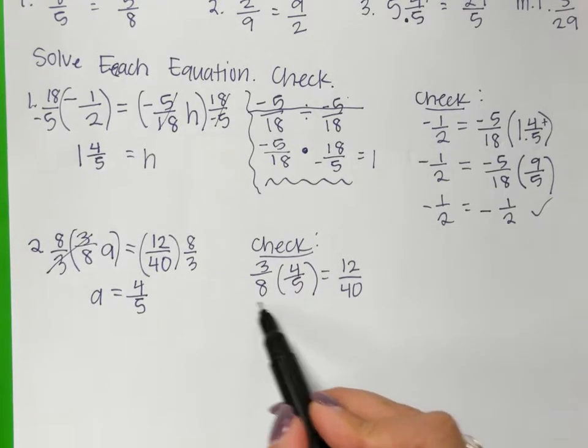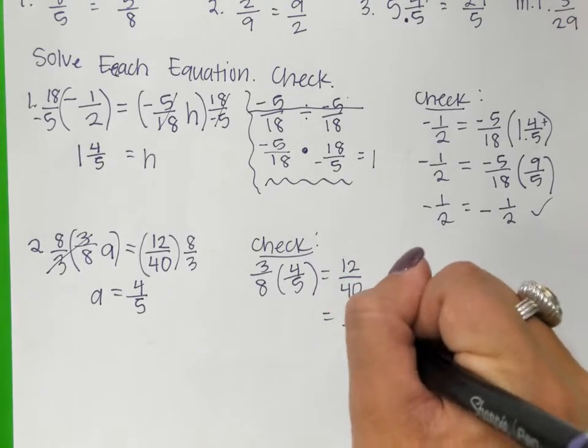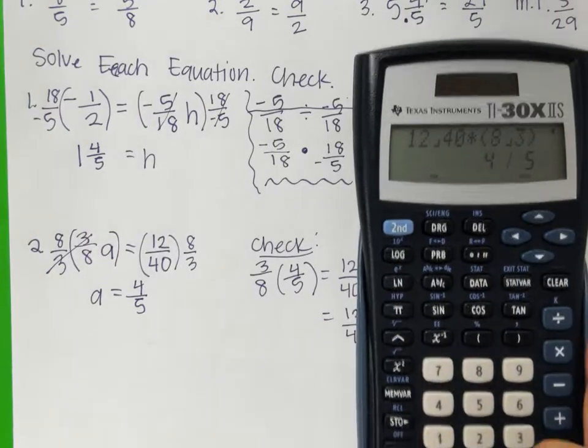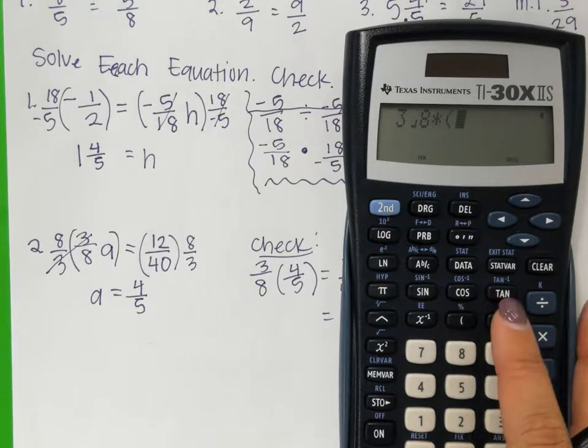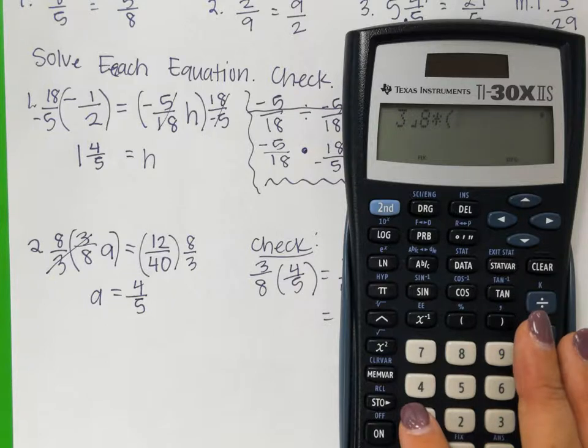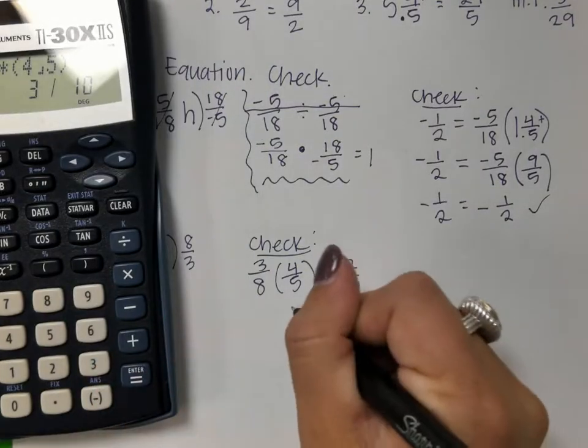So then I want to see if 3 over 8 times 4 over 5 is really equal to 12 over 40. So if I plug it in, I have 3 over 8 times 4 over 5, which equals 3 over 10.